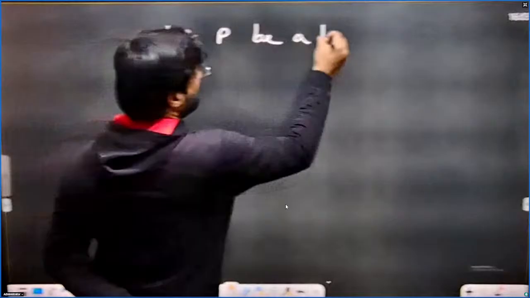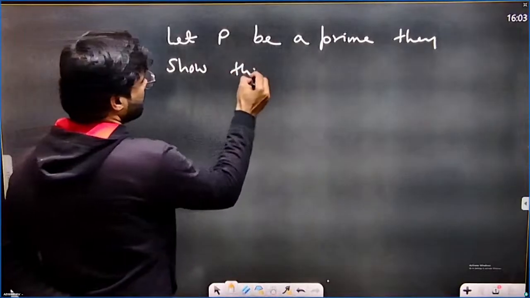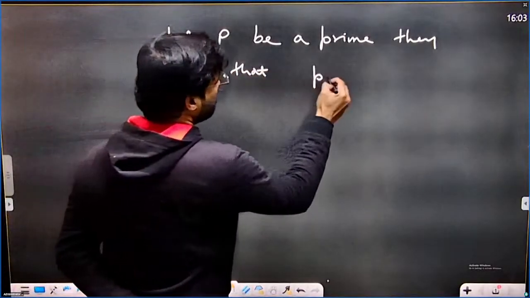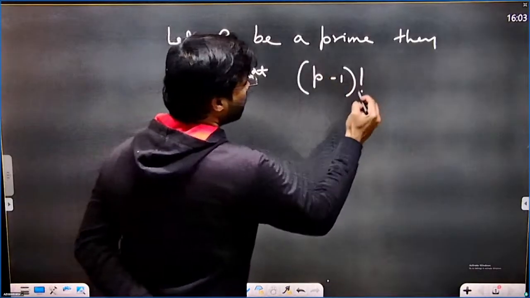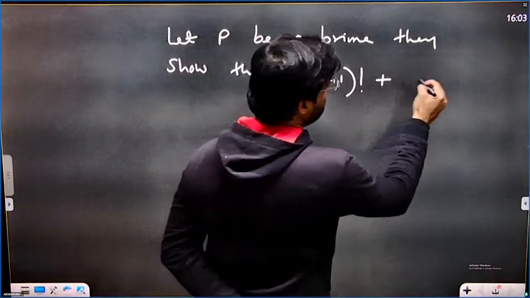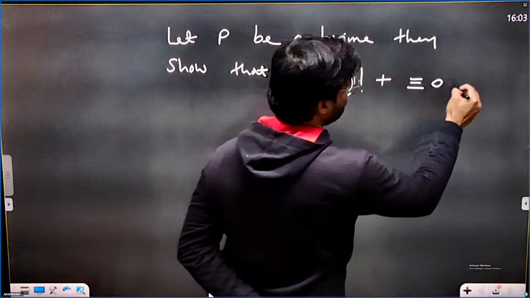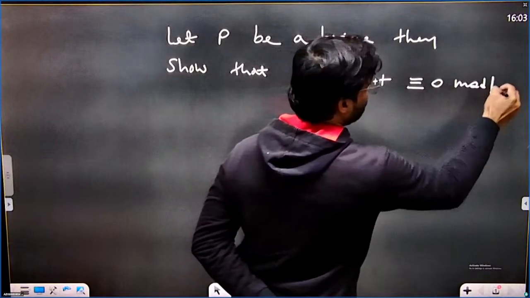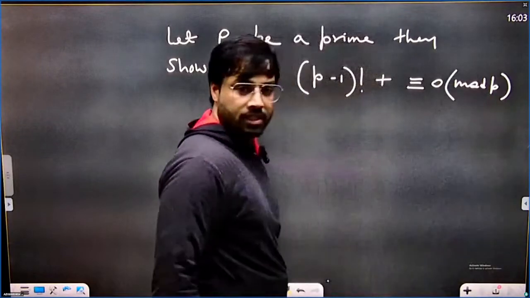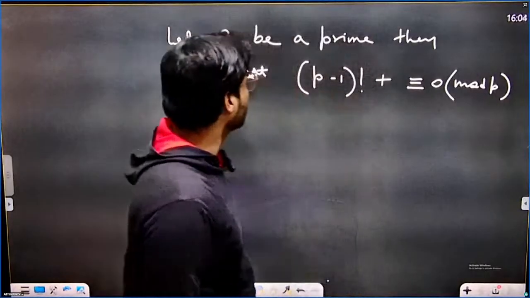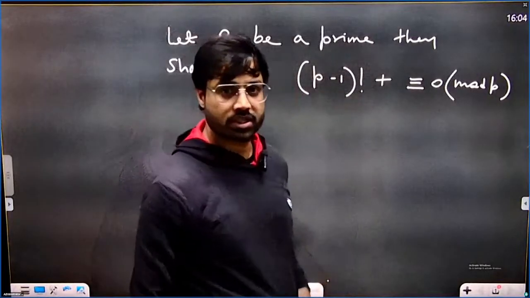Let p be a prime, then show that (p minus 1) factorial plus 1 is congruent to 0 modulo p. This is a PYQ of 2020 IFoS.